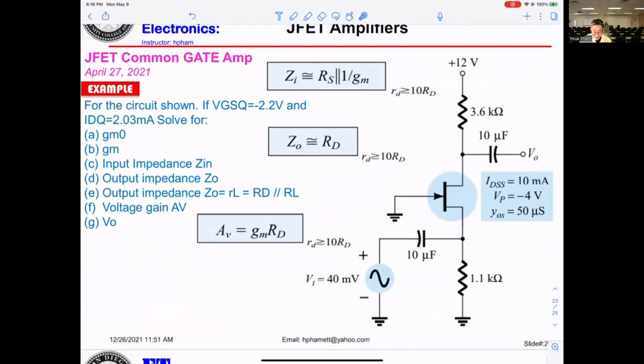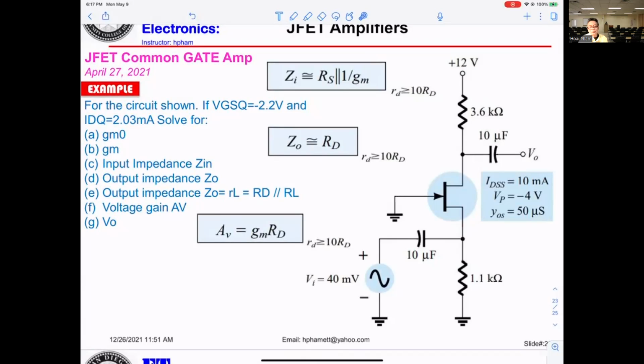Okay, so this example will give the common gate. On this one, they already gave you VGSQ of minus 2.2 volts and IDQ of 2.03 milliamps. So that's why you don't need the graph in order to calculate for DC. And what they want is to calculate the GM0. You already know GM0, okay?